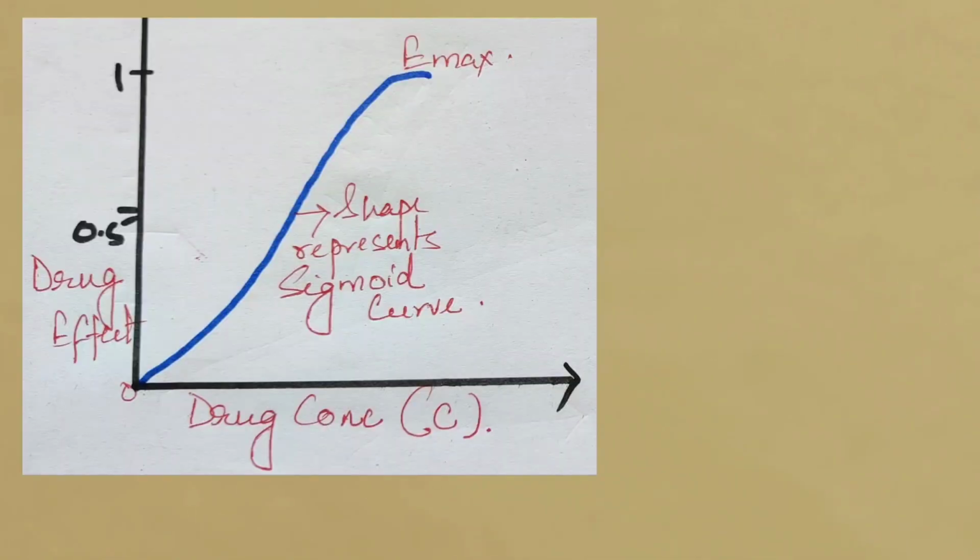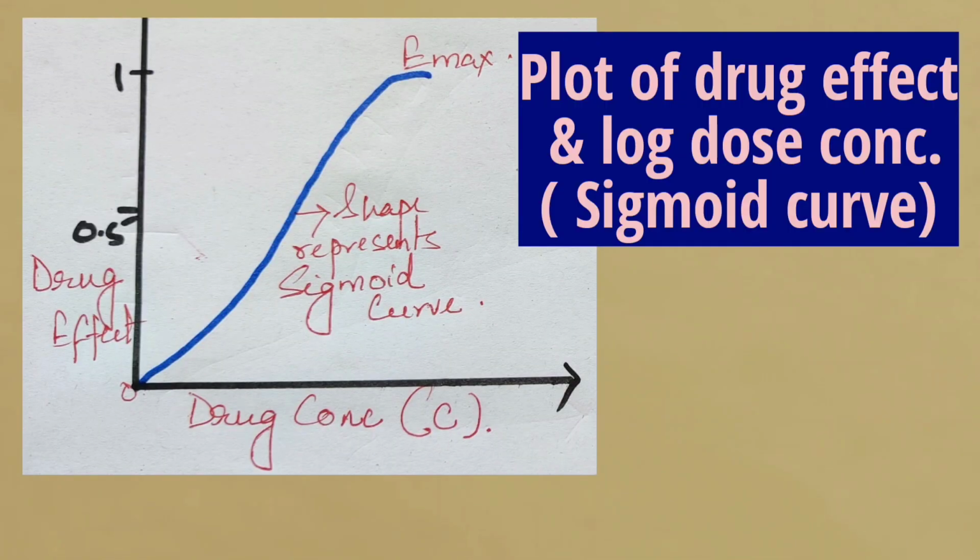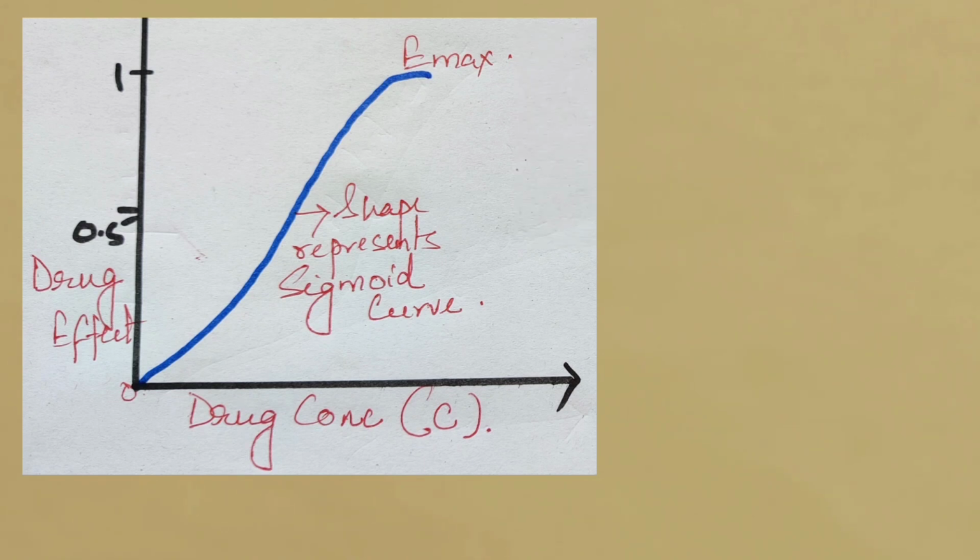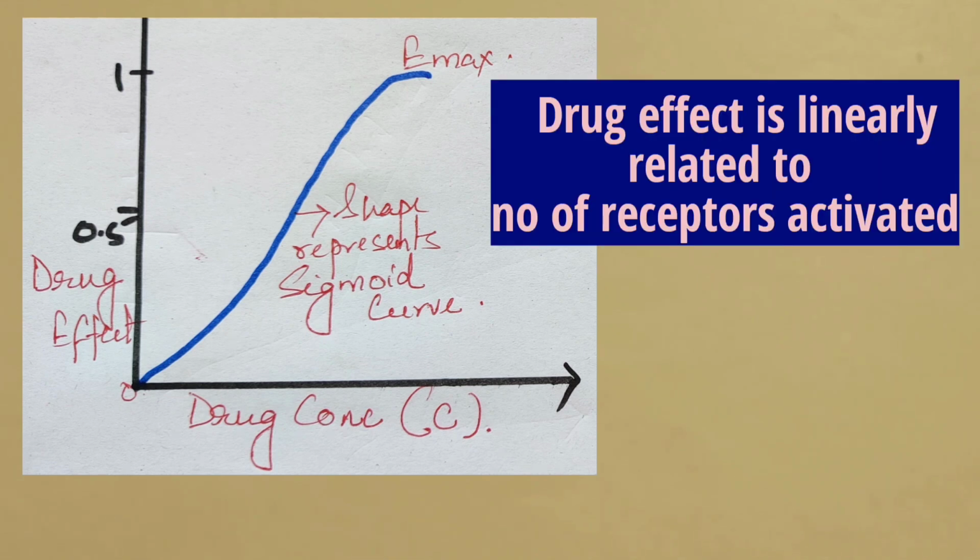The dose response data can be presented as plot of the drug effect against the logarithm of the dose or concentration. So this transforms hyperbolic curve into sigmoid curve with a linear mid portion. The given graph shows that the biological effect of the drug is linearly related to the number of receptors bound.